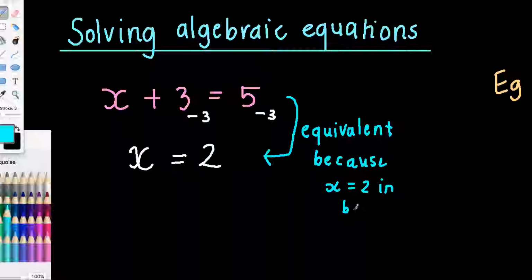It's really important that when we do choose to do an operation, that we do it to both sides and that we show that we've done it to both sides. So the reason that I subtracted 3, that was because 3 was being added to x. Now if I do that to both sides, you'll see now it says x plus 3 take away 3, and effectively adding 3 and taking away 3 is cancelled out, because it's like me giving you $3 and then taking that $3 away.